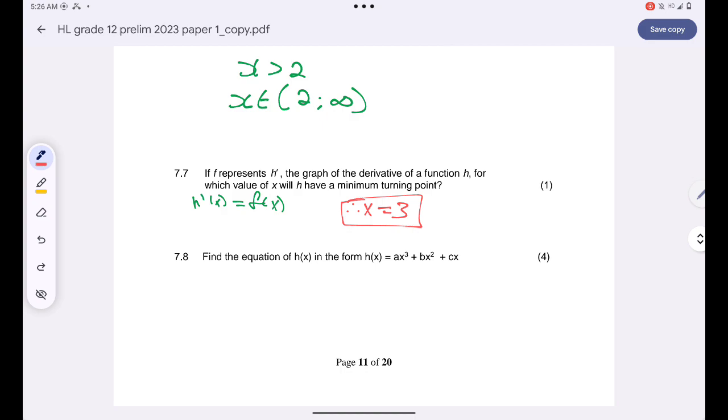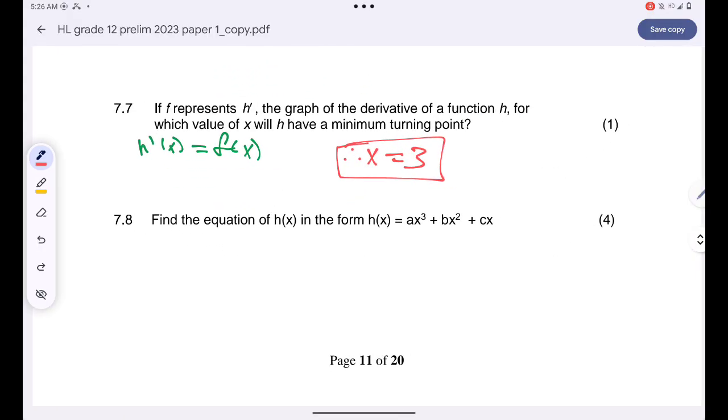Okay, find the equation of h of x in that form. Remember, guys, the derivative of h of x is basically equal to f of x, right? We found f of x to be equal to (x minus 1) all squared minus 4, and that will give us x squared minus 2x minus 3 if we remove the brackets.